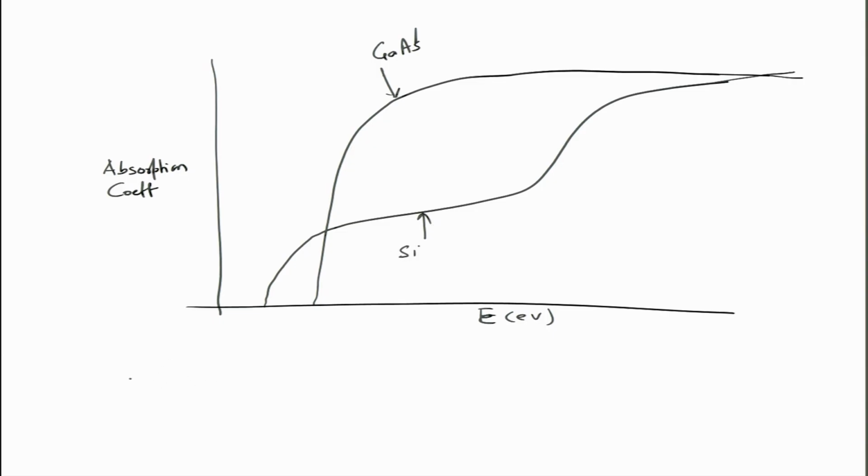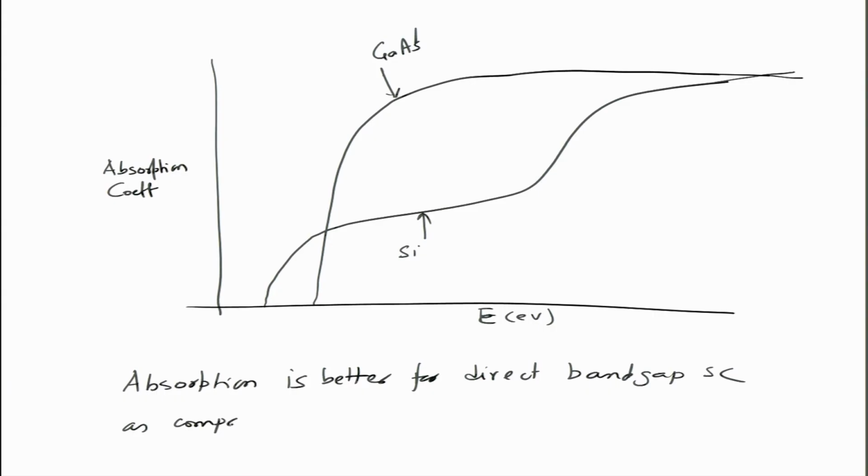So, generally absorption is better for direct band gap semiconductors as compared to indirect band gap semiconductors.